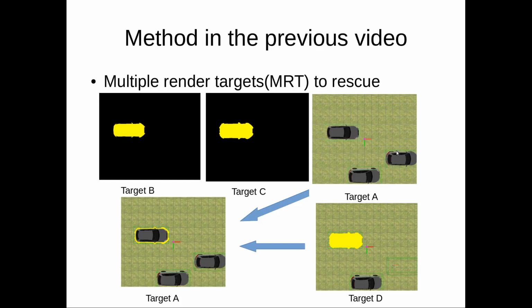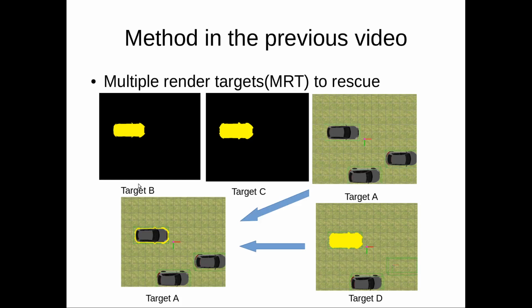Forget about this car here. This is the final image. When actually rendering the image, first we draw some other objects. Then we render the selected object here with the stencil buffer enabled. And remember that is very important.